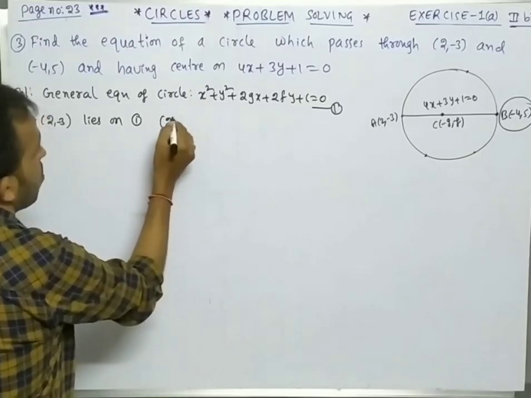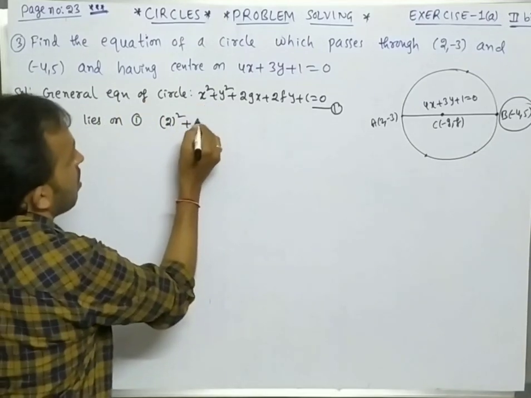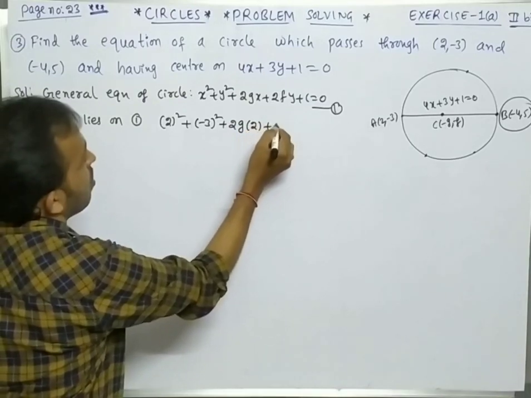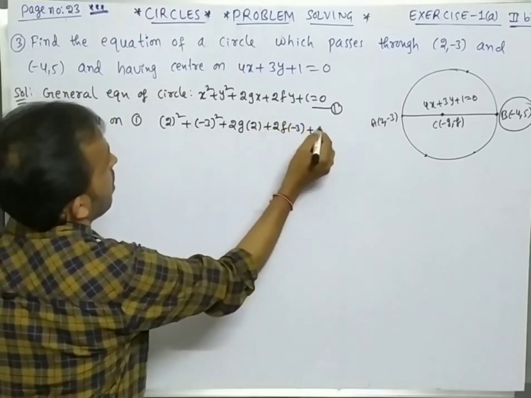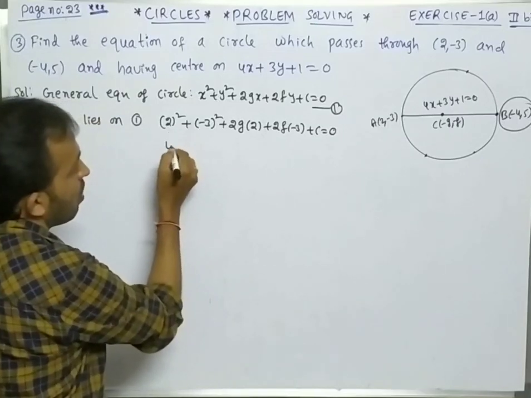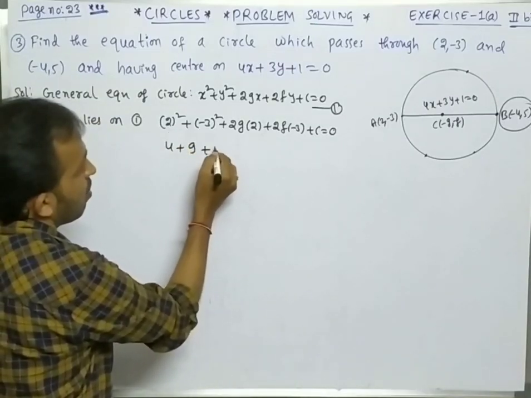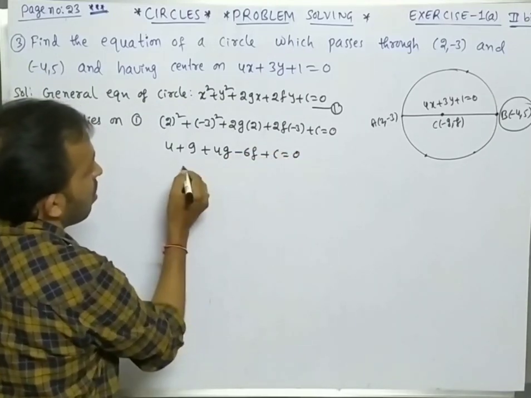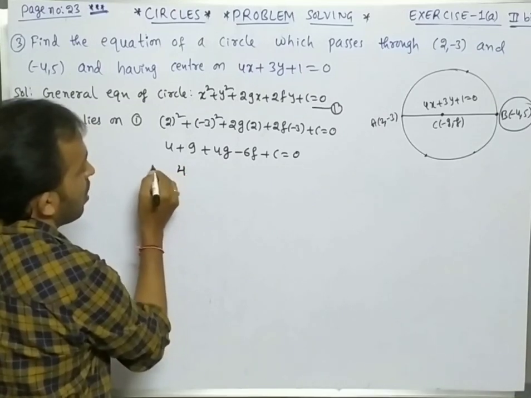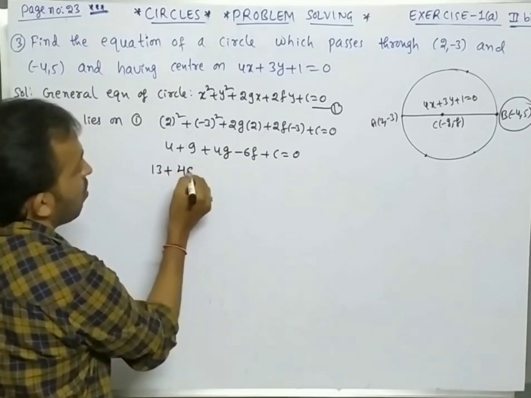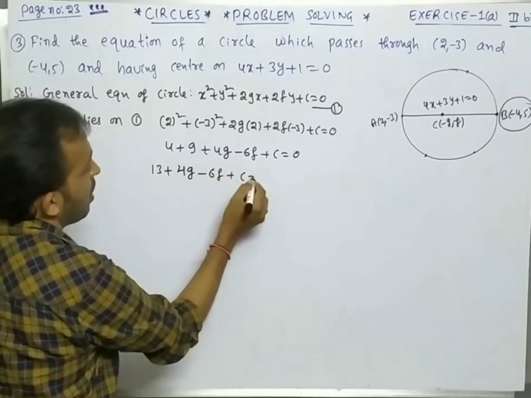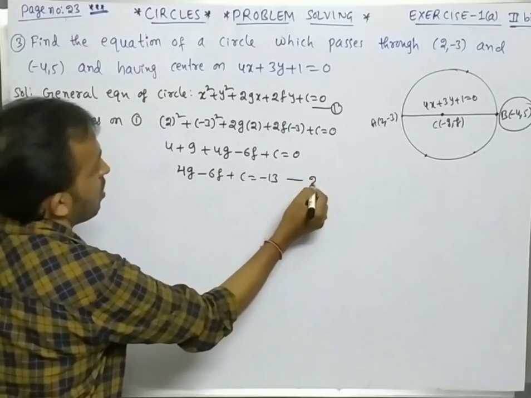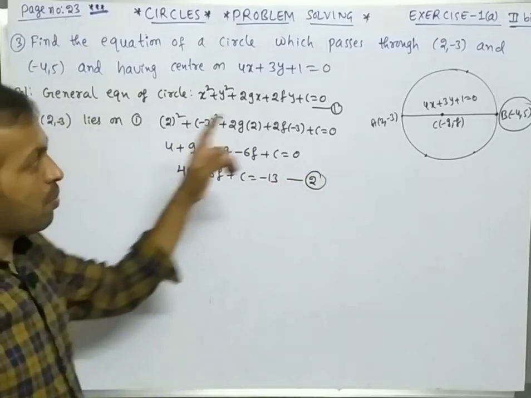That means 2 squared, substituting this point, plus (-3) squared, plus 2g into 2, plus 2f into -3, plus c = 0. 2 squared is 4, plus 9, plus 4g, minus 6f, plus c = 0. So finally 4g - 6f + c = -13. Equation number 2.